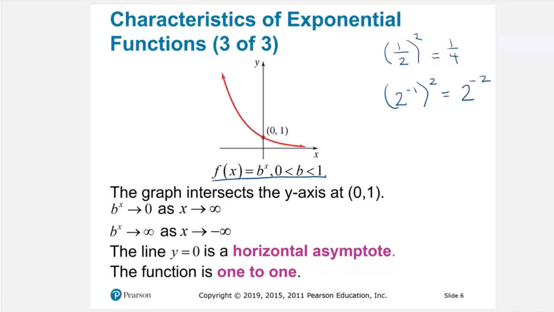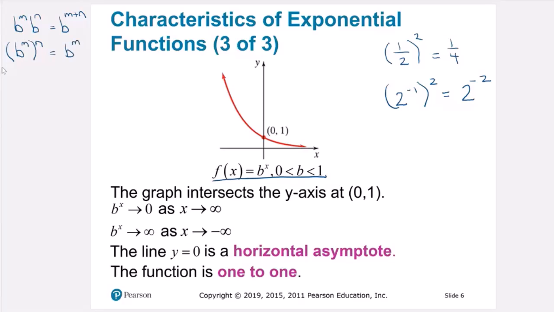I want to make sure that you really understand your exponent rules, because we're going to be working with exponents a lot. I'm going to write some of the rules out here. If I have a base to a power times the same base to a different power, I add exponents. If I have a base to a power to another power, I multiply exponents. If I have a base to a power divided by a base to a power, this becomes that base, and I subtract the powers.